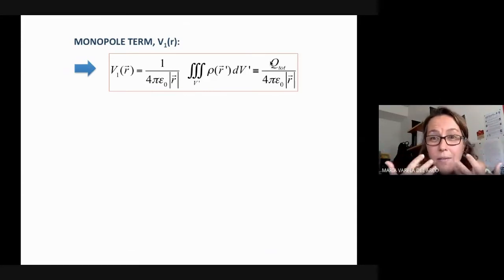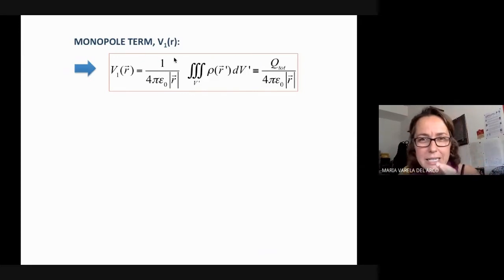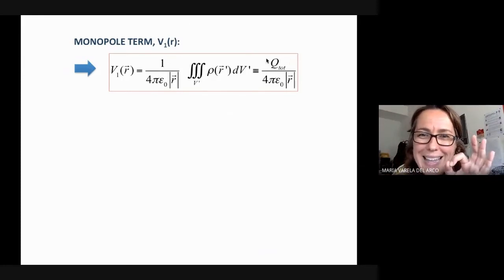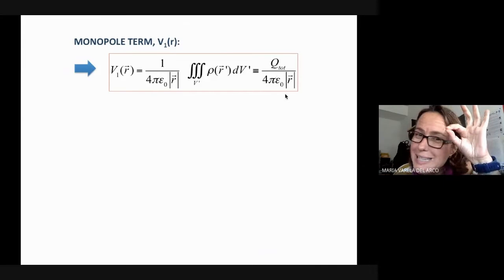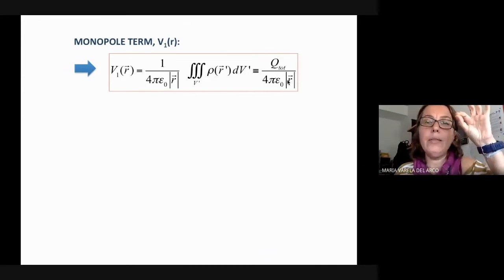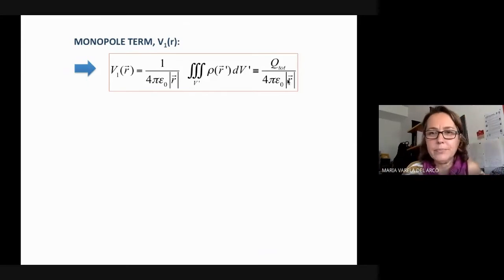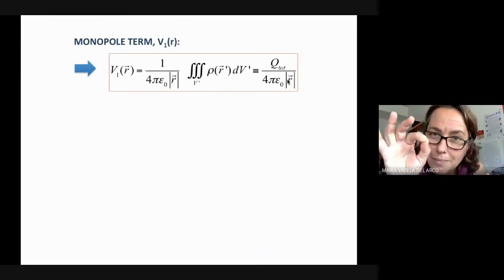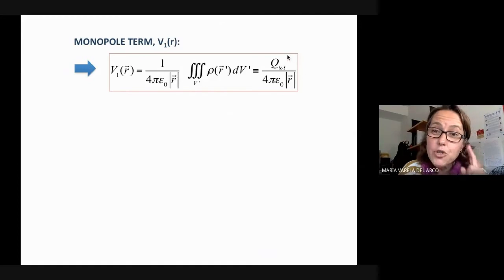In other words, V1, the monopole term of my multipole expansion, represents just the potential of a point charge, because this is the potential of a point charge, Q over 4 pi epsilon 0 distance, placed at the origin, but this charge should have the same net value as the total charge in my three-dimensional distribution.